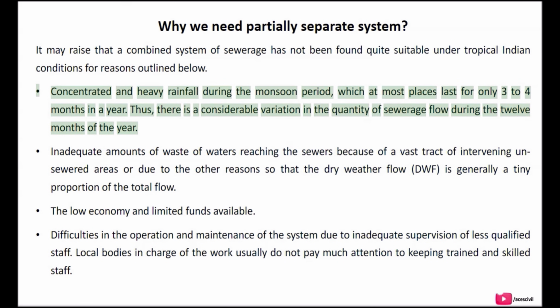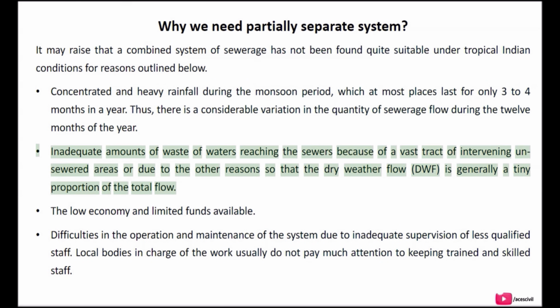Concentrated and heavy rainfall during the monsoon period, which at most places lasts for only 3 to 4 months in a year. Thus, there is a considerable variation in the quantity of sewage flow during the 12 months of the year. Inadequate amounts of waste waters reaching the sewers because of a vast tract of intervening unsewered areas or due to other reasons, so that the dry weather flow, DWF, is generally a tiny proportion of the total flow.